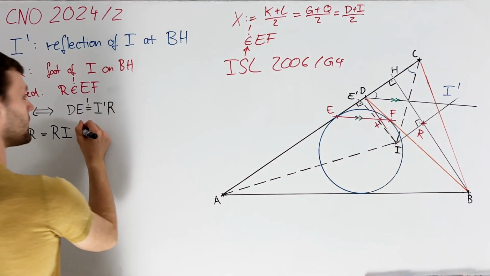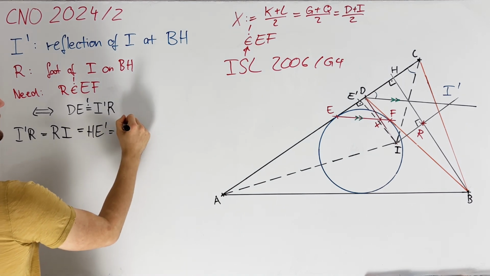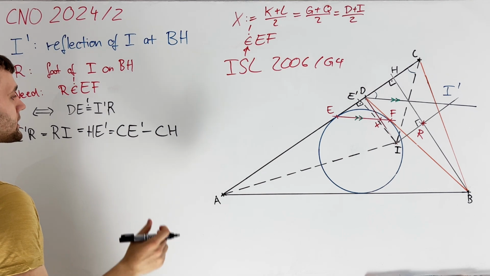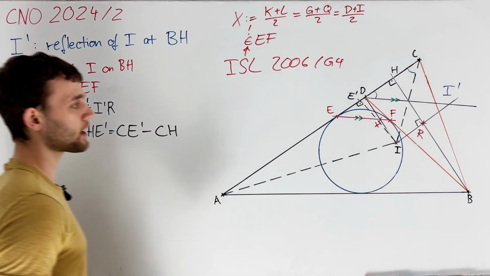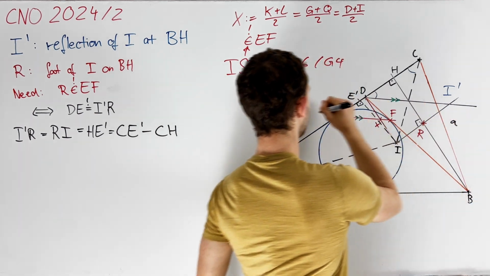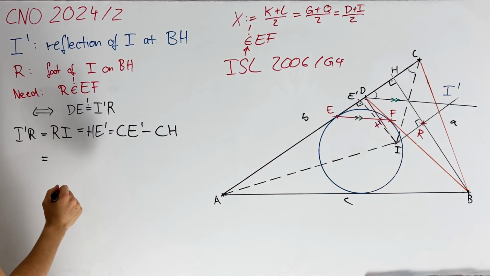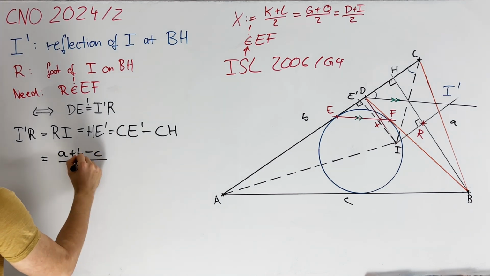So RI equals HE', which is equal to CE' minus CH. We know how to express the length of the in-circle tangent CE' in terms of the triangle side lengths A, B, C. Namely, CE' is equal to (A plus B minus C) divided by 2.